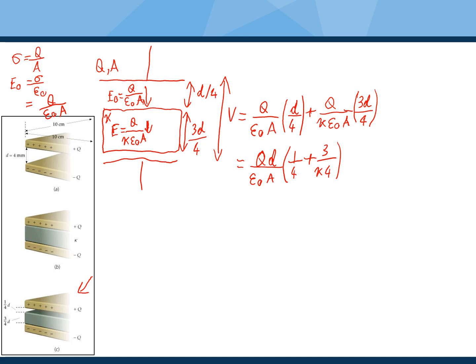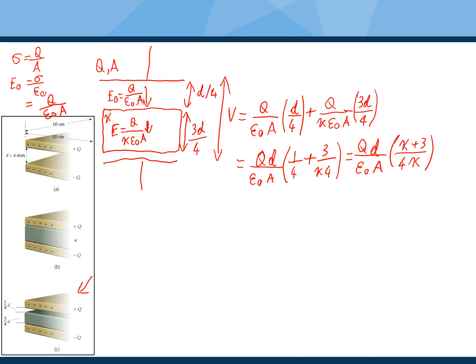Then we can write this as Q times D divided by epsilon naught times A times (kappa plus 3) over 4 kappa.